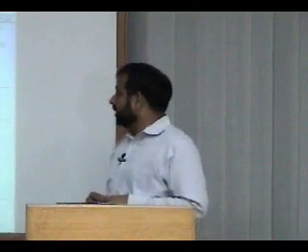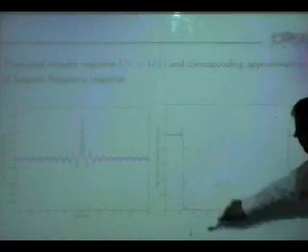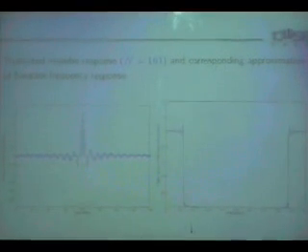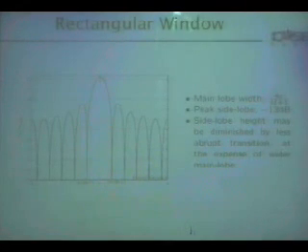So you increase, this is 41, this is 161 coefficients here. Okay, and you still see a transition, but it's a good response. It's a low pass frequency response. Now this is the relationship.